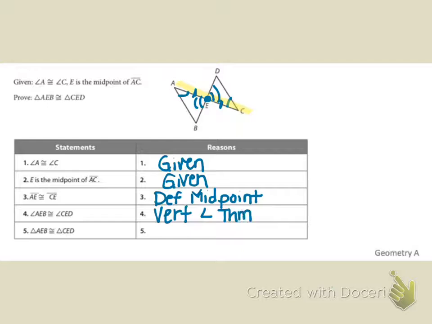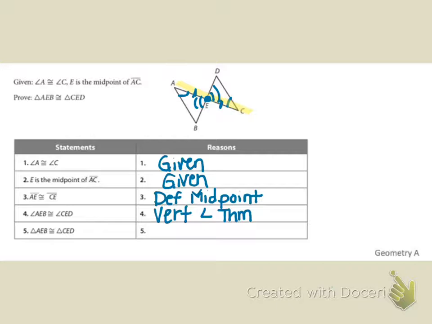If you were writing this proof all on your own, you would have to look at the figure and say, okay, what things look congruent? Of course, all the matching parts are going to look congruent, but then which things can I prove? There are only certain things you can tell by just looking at a drawing, and vertical angles are always equal. So that's one of the things you can always tell. You can also tell that two angles that make a straight line are a linear pair, so they have to add up to 180.